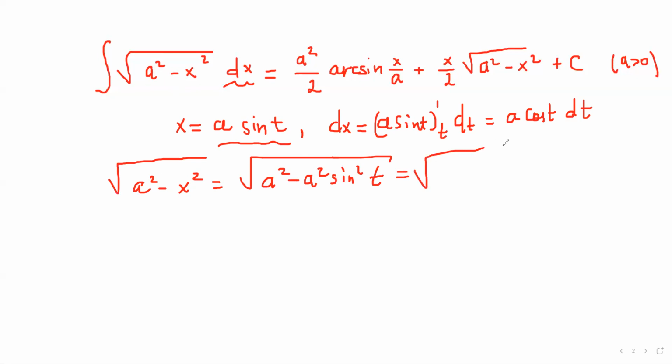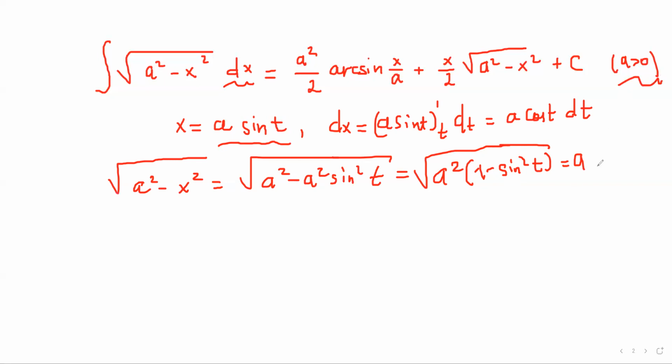So we are going to apply our knowledge from school years here: a squared times 1 minus sine squared t. So we know that from under root a squared, we are going to get the absolute value of a, but we are going to talk exclusively about positive values, both for the functions and for the a here.